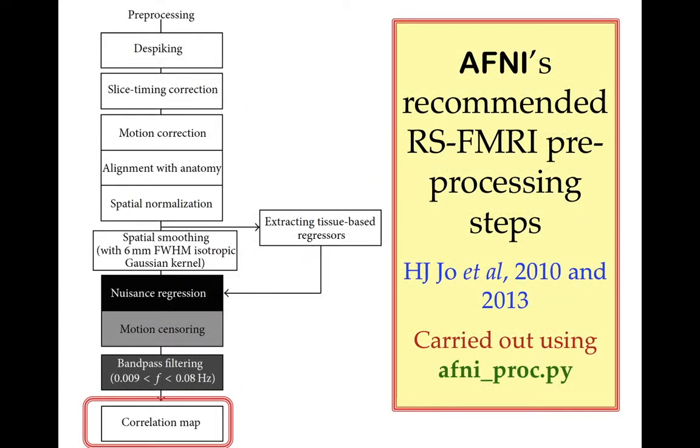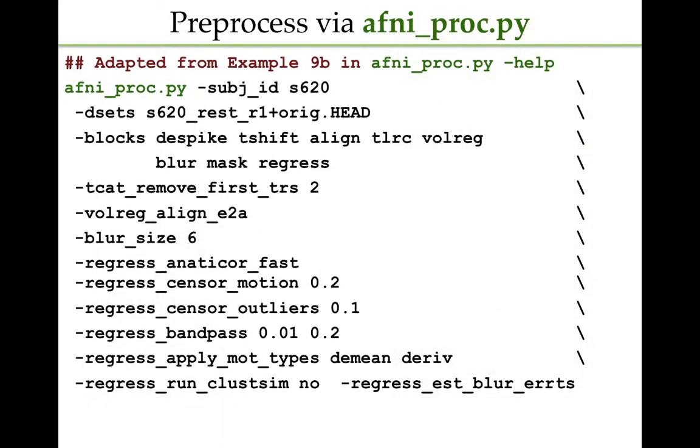So again, here's the flow chart of what happens. And in AFNI these are implemented with a command line script that has all the options that let you control how each of those things work. This is adapted from example 9b in the AFNI help, which is something that is definitely worth reading and skimming through. The examples have a lot of use cases for different setups, simple setups, complicated task setups, resting state with ANATICOR, and so on.